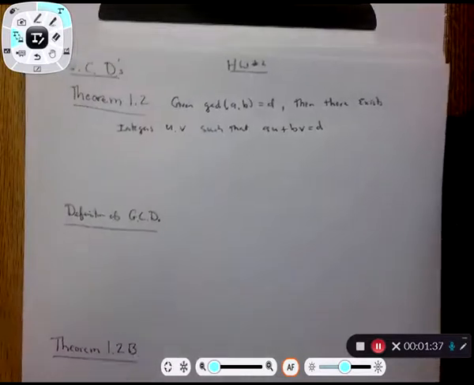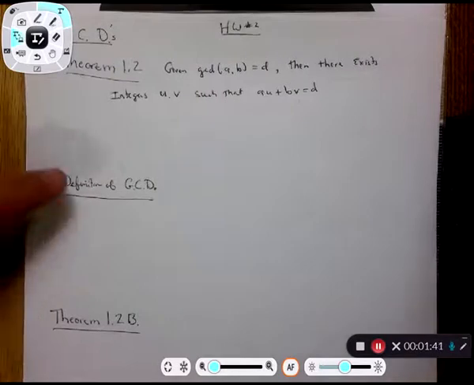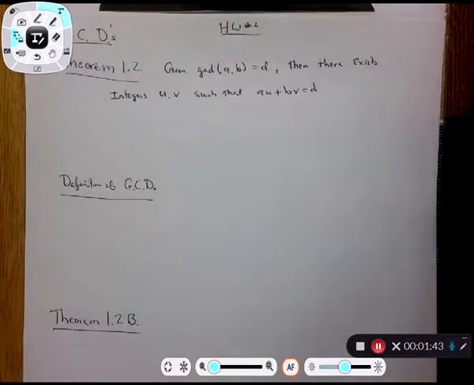The other option you have when it comes to GCDs is the definition of GCD. With the definition of GCD, what you're really focusing on is the CD part of it, common divisor.